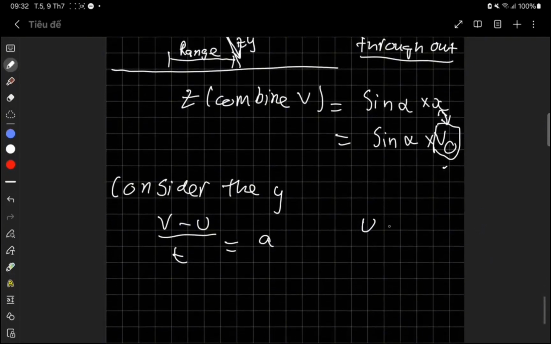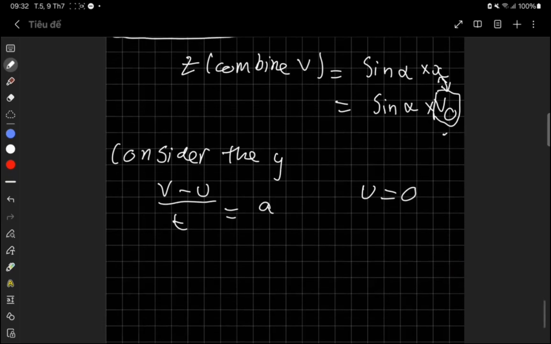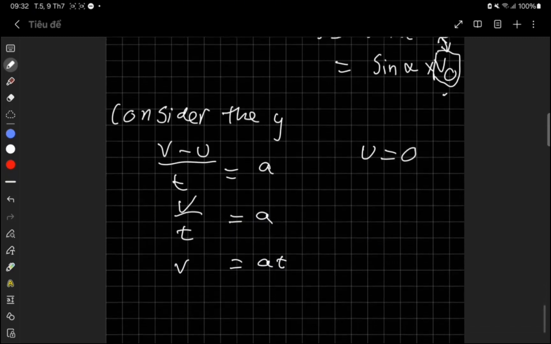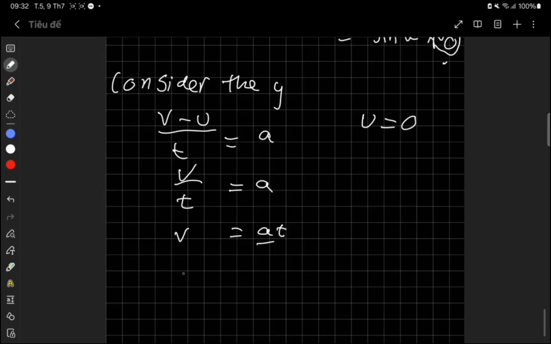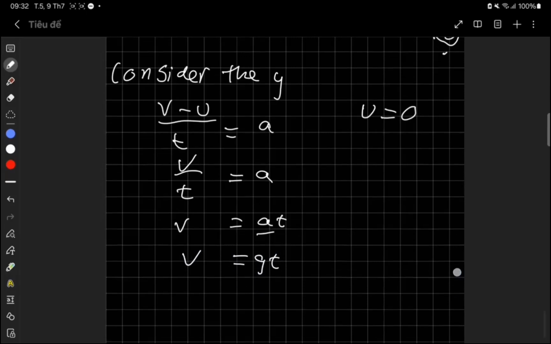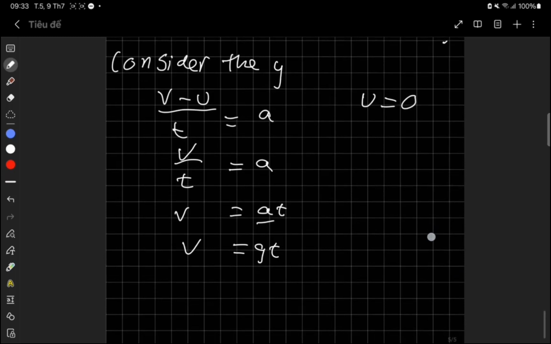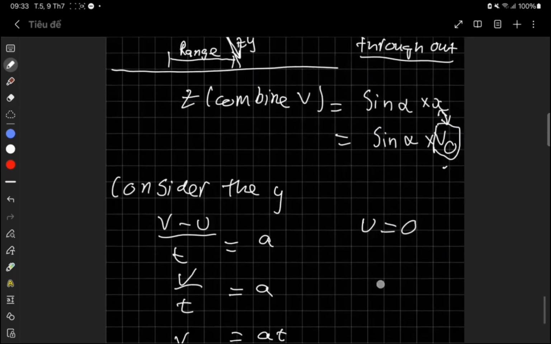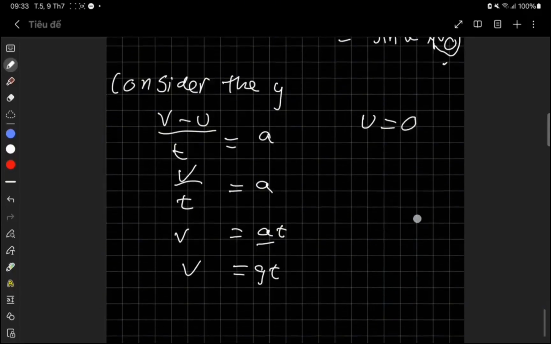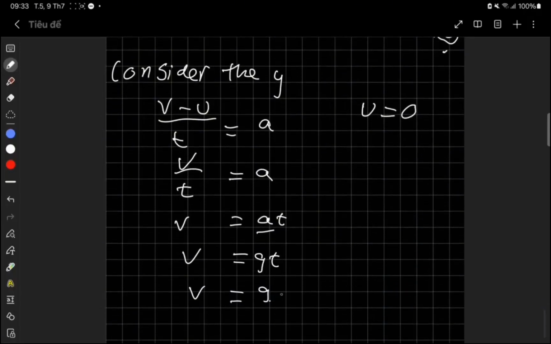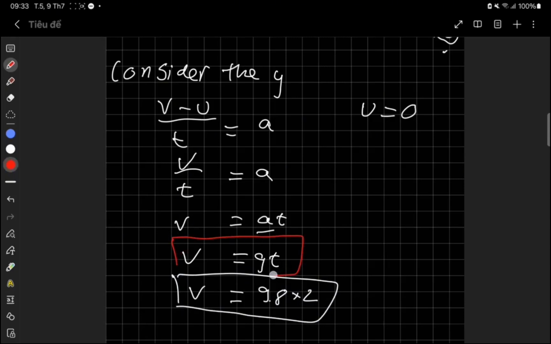So u equals 0, v over t equals a, and v equals at, where a is the gravitational field strength, so v equals gt. So the velocity after 2 seconds will equal 9.8 times 2, and this is the formula for the velocity after time t.